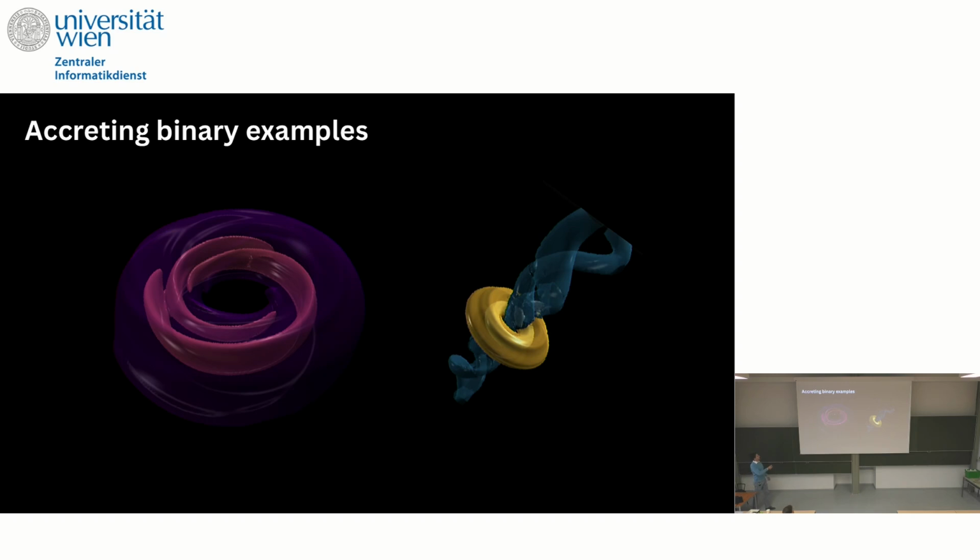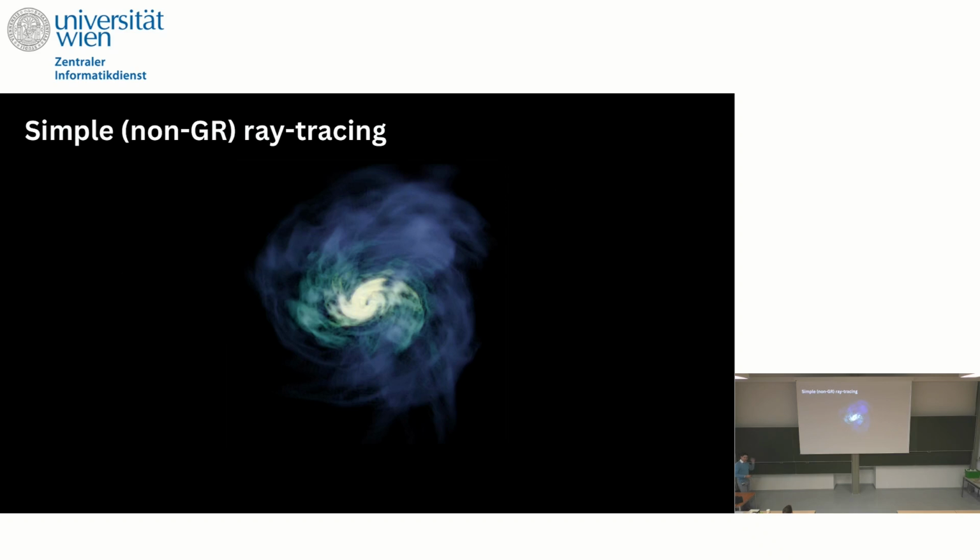Here you can see the spiral shock, but rendered in 3D with isosurfaces, as you can see here. And these are some visualizations of this braided jet from the equal mass simulation. Finally, as I said, I was maybe a bit too optimistic about what I could achieve before this talk.